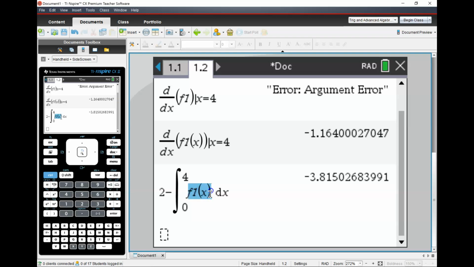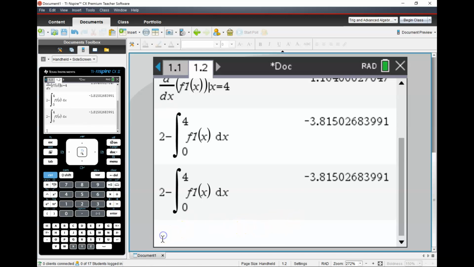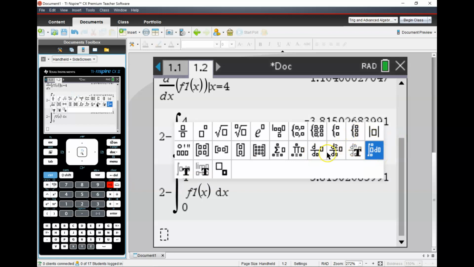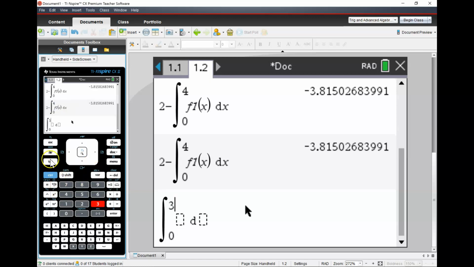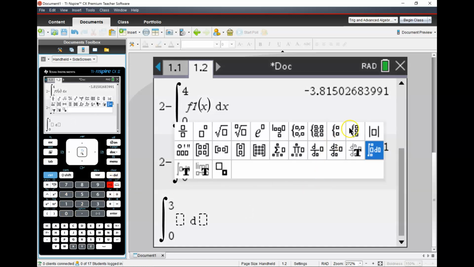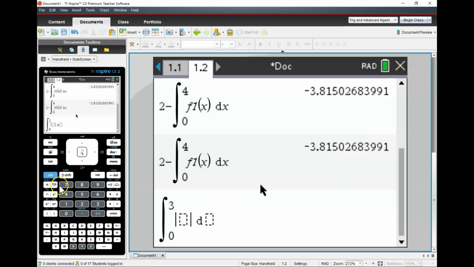Get used to selecting: select it, and then you can do Control C. Now you can come here and do the integral from 0 to 3, absolute value, then Control V, dx.